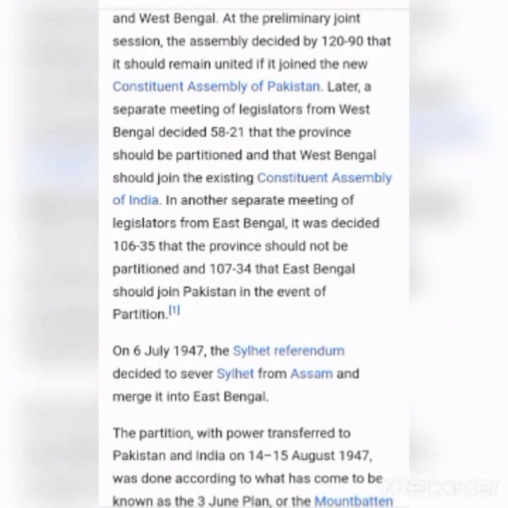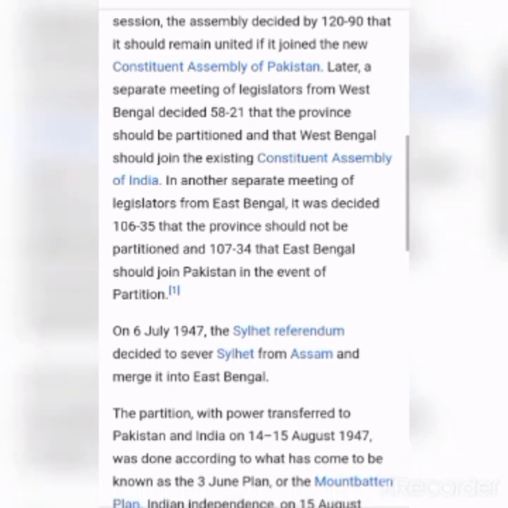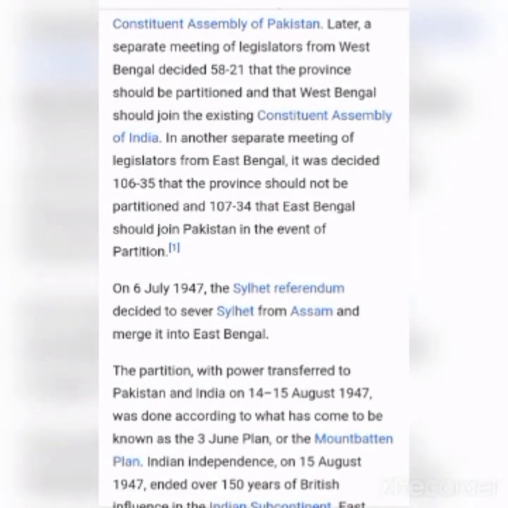In another separate meeting of legislators from East Bengal, it was decided 106 to 35 that the province should not be partitioned, and 107 to 34 that East Bengal should join Pakistan in the event of partition.